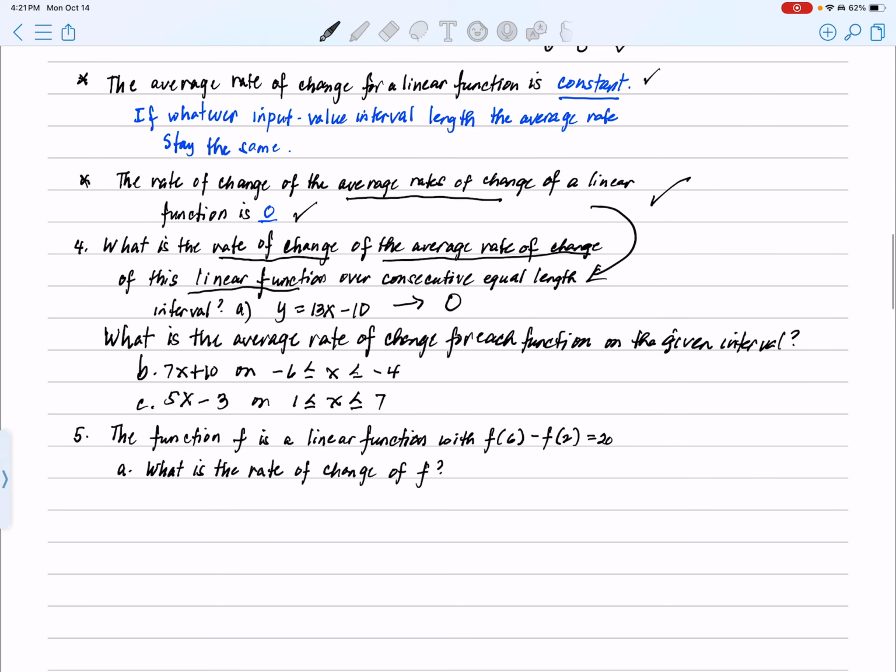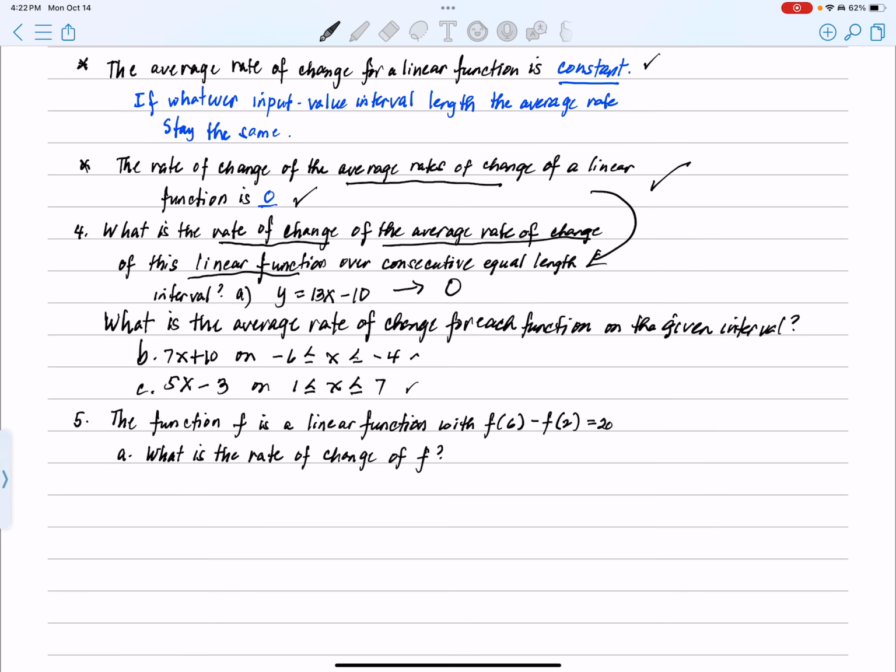Whatever interval we have, regardless of that interval, we know by looking at this linear function that the rate of change in B is 7 and the rate of change in C is 5, because the rate of change is constant regardless of whatever interval is given. The rate of change is constant.